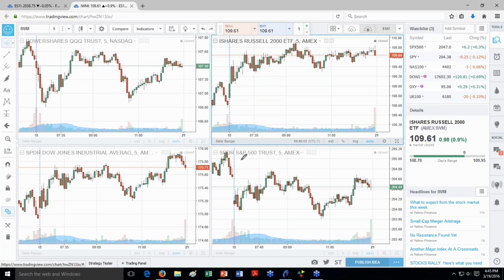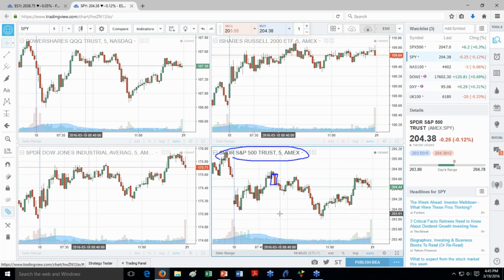So for instance, if I'm looking at the spiders and I'm looking for some reversals, so for instance, reversal right here to the downside, so that happens at 8:25. So where are we at 8:25 on everything else?